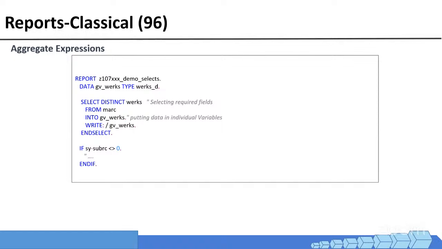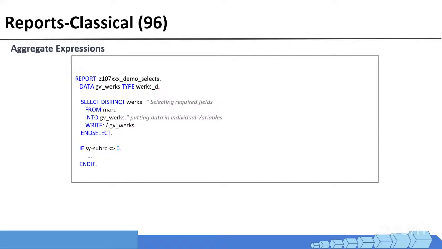Aggregate expression. If you execute this, what will happen? DISTINCT means unique, right? Unique values will come from your database table MARC into the internal table.